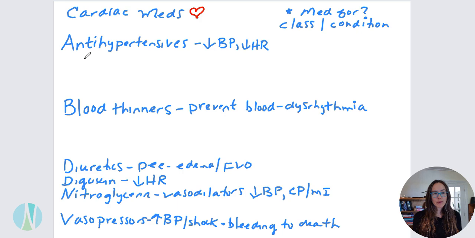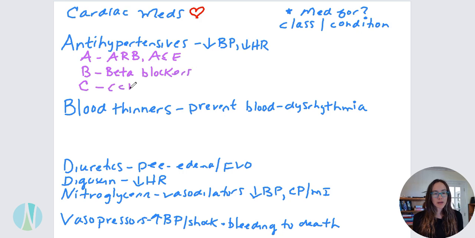Now, a good way to remember the antihypertensives is just write out the letters A, B, C. So A would be your angiotensin receptor blockers and your ACE inhibitors. B would be your beta blockers. And then C is your calcium channel blockers.